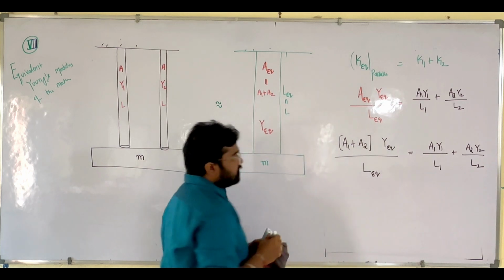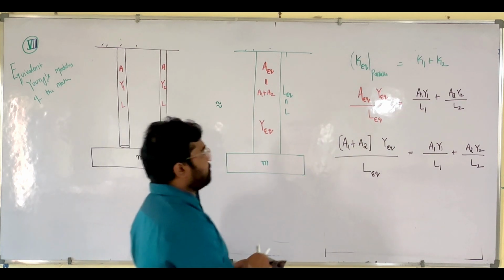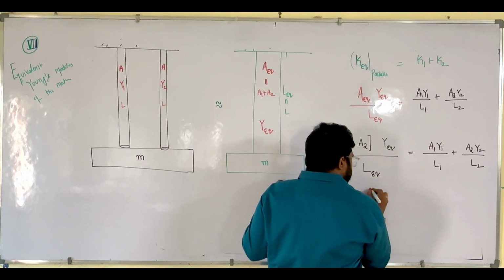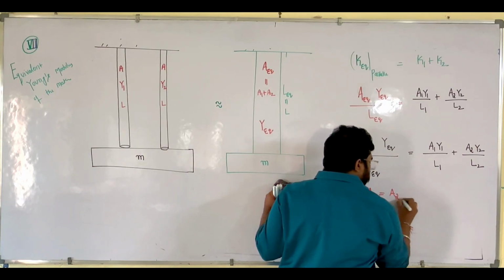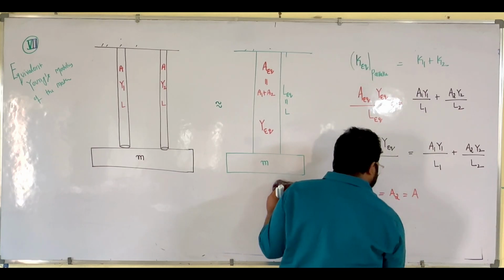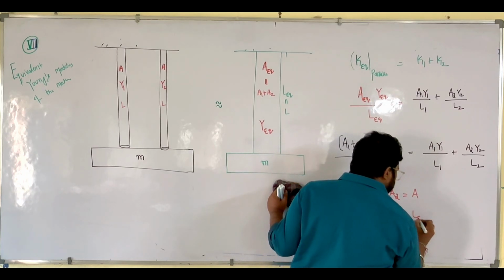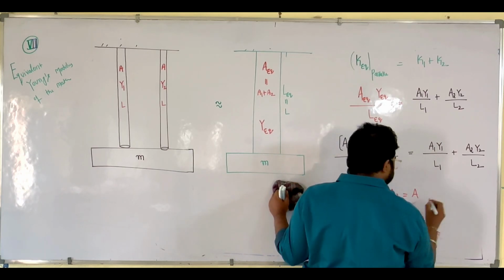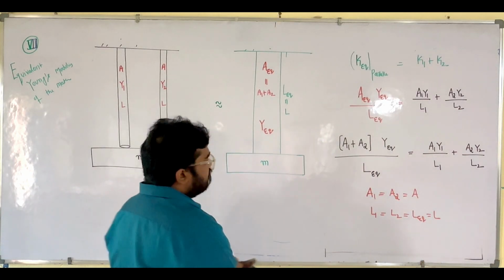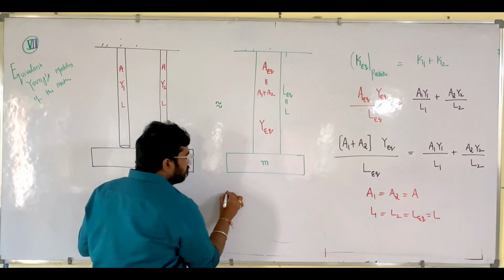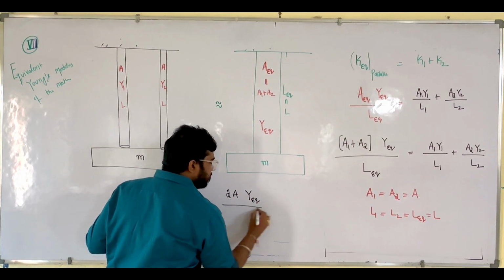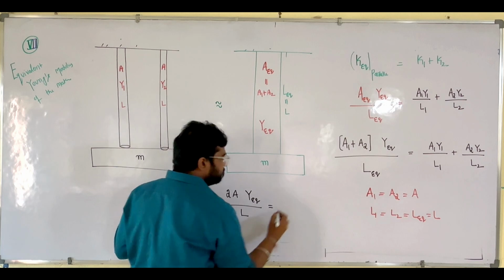Now A1 equals A2 equals A, and L1 equals L2 equals L equivalent equals L. So A equivalent equals A1 plus A2, and we can substitute. Tell me, 2 times A into Y equivalent by L equals how much?